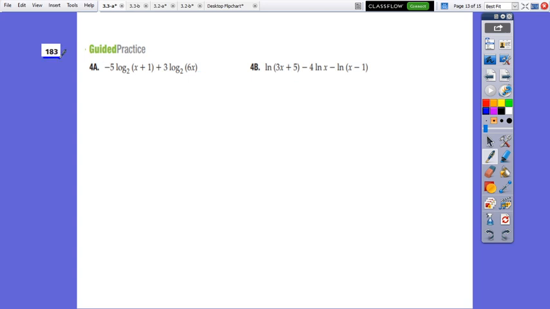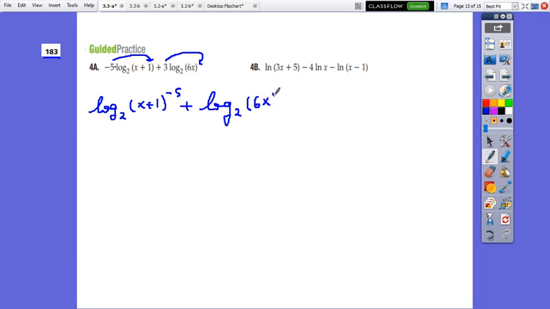On page 183, we have to condense, so the factor in front came from the exponent. It will be log base 2 of x plus 1 to exponent negative 5 plus log base 2 of 6x, all of it cubed.